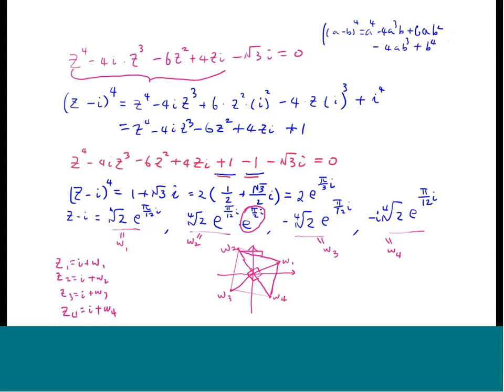W1 is here, then W2 is another one here. This is Z1, this is Z2, and Z1, Z2 is parallel to W1, W2. So same thing.